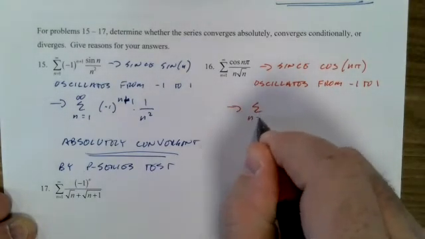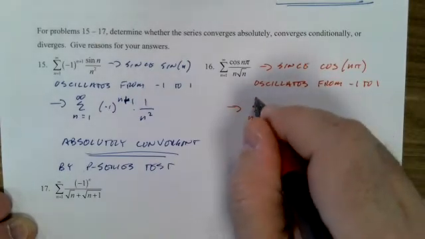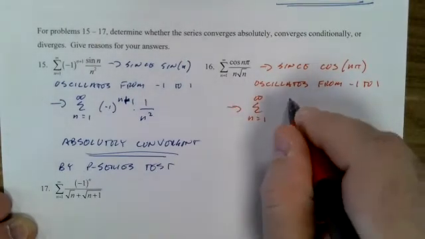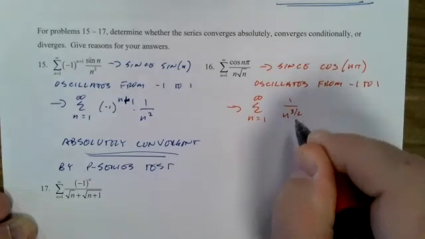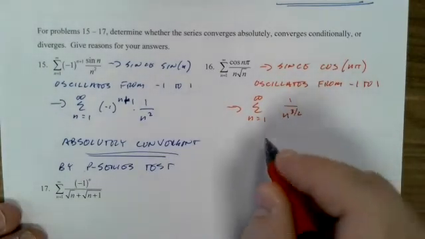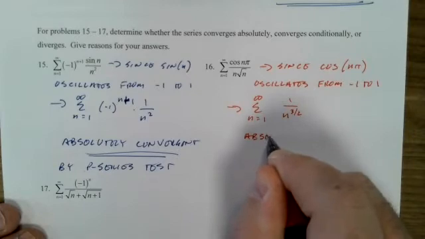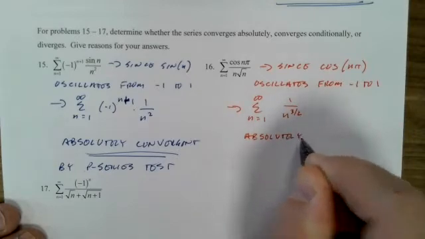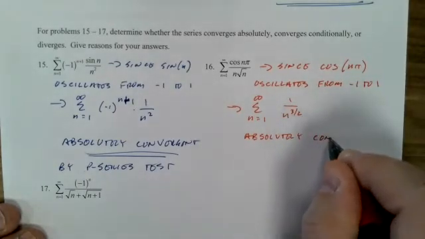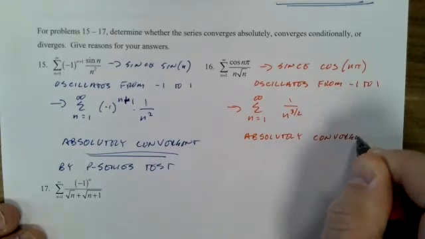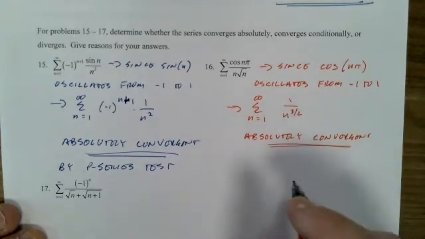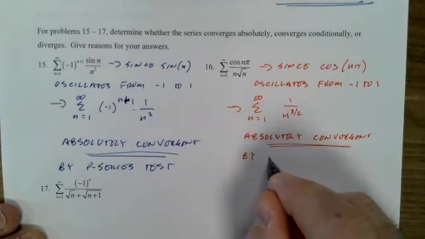We can make this n equals 1 to infinity, 1 over n to the 3/2. Same deal, absolutely. Converges absolutely is what I really should say. Convergent by p-series test.